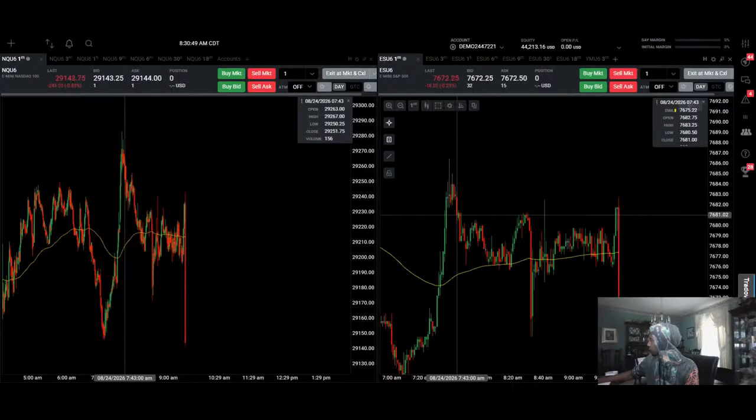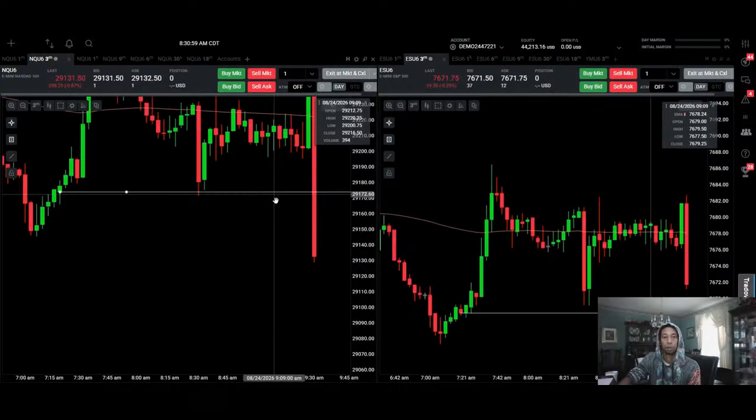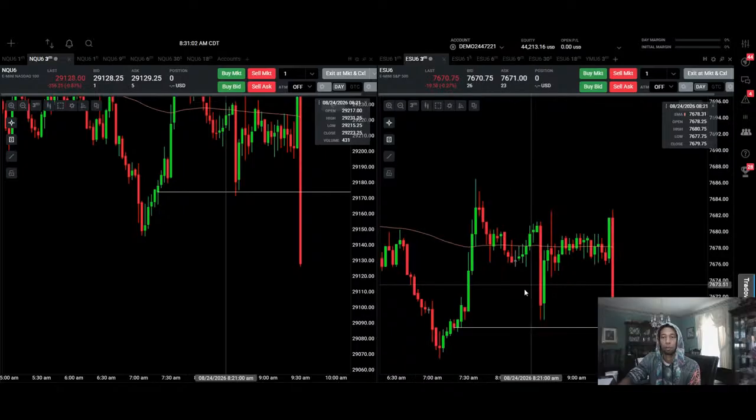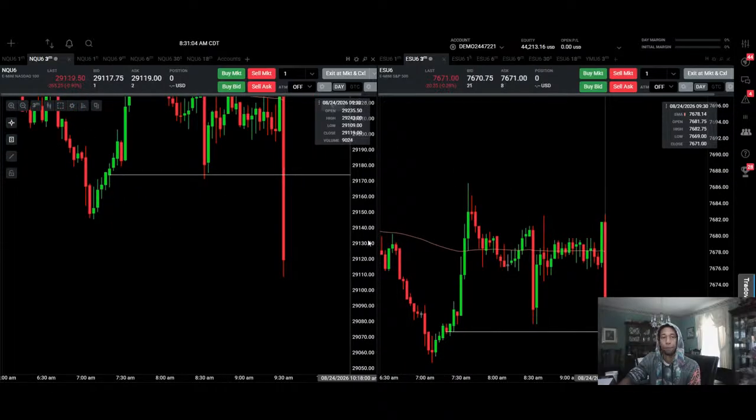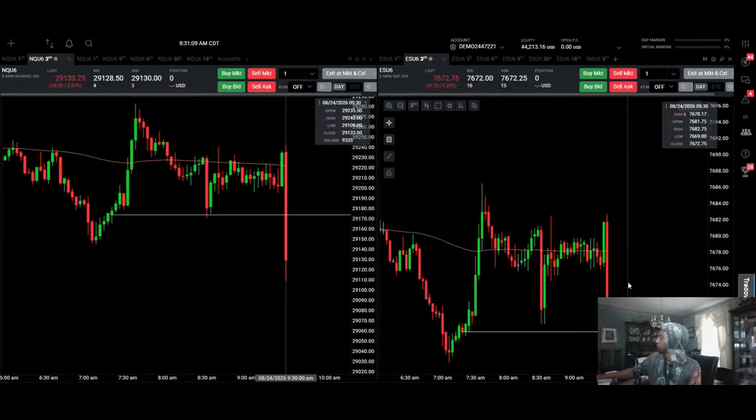That's exactly what I'm talking about. 3 minute. All right, 3 minute just swept out the lows that I had marked out. PSP. ES has not swept it out. If we were to use this, we would need a gap down on a 3 minute in order for this trade to be valid to get in.